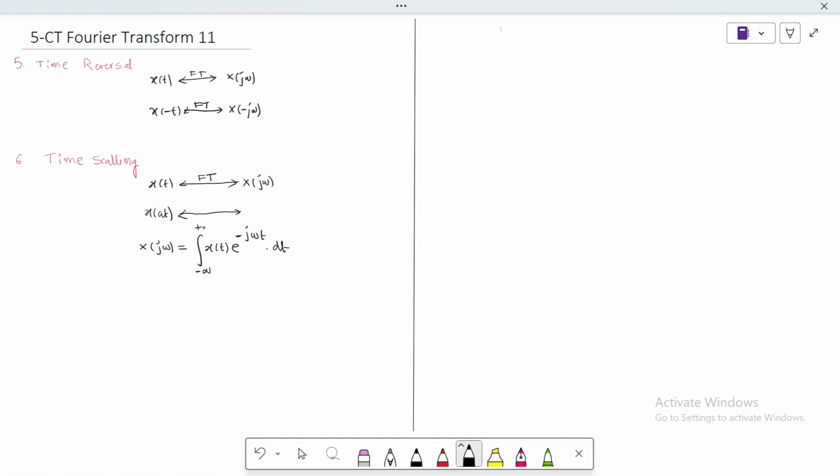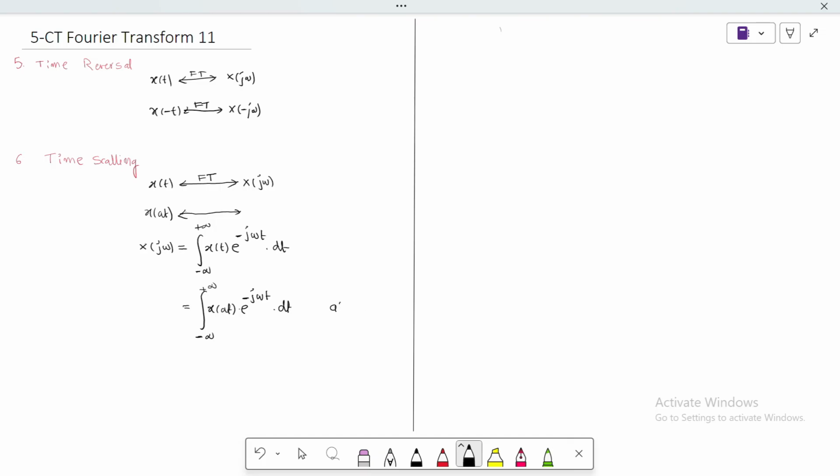Now I'm going to substitute x of at in place of x of t, then I will get the signal in the frequency domain corresponding to that. So x of at into e power minus j omega t into dt.